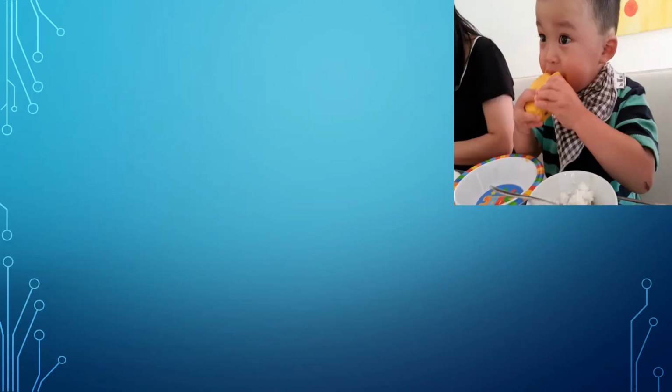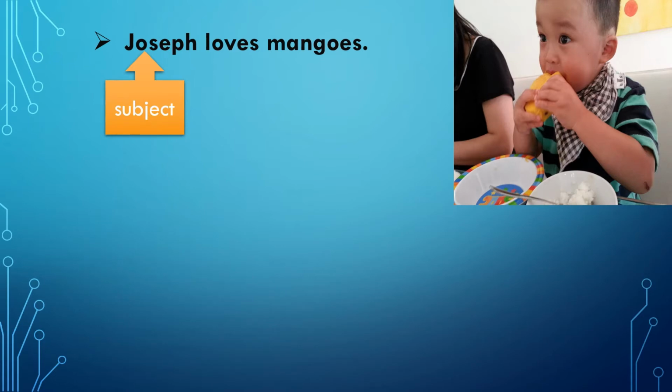Now, let us see the example. Joseph loves mango. In this sentence, subject is Joseph, verb is loves, and object is mango. Now, you can see in the order components of the sentence are arranged.